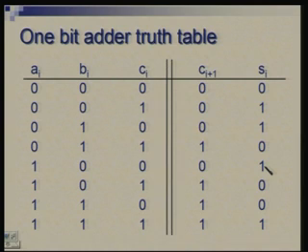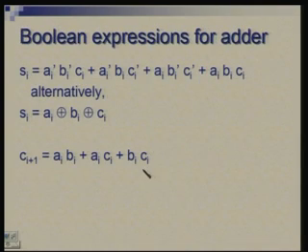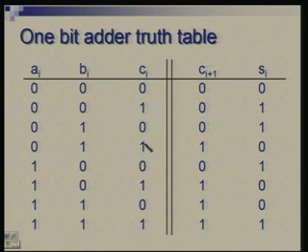Then there are some cases where you have two ones. Two ones make the equivalent of binary 2, which means sum is 0 and there is a carry. The same way here and here. And this is a unique case where you have all three ones, which means number 3: sum is 1, carry is also 1.